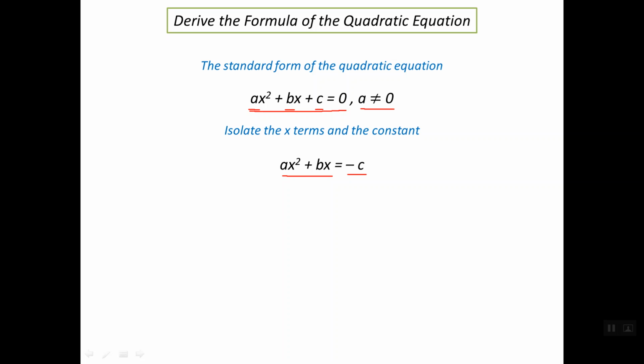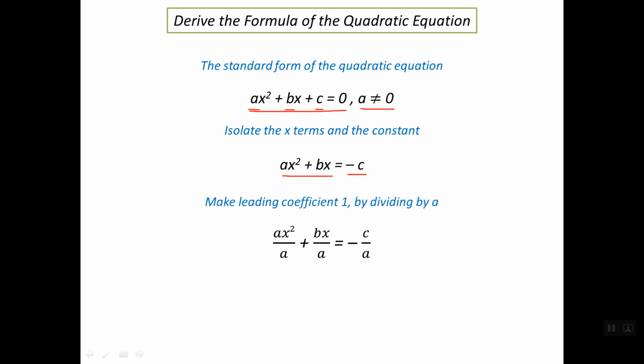As we know, in order to complete the square, the coefficient of x squared, which is a, should be equal to 1. So we can simply divide both sides of this equation by a in order to make the leading coefficient 1.